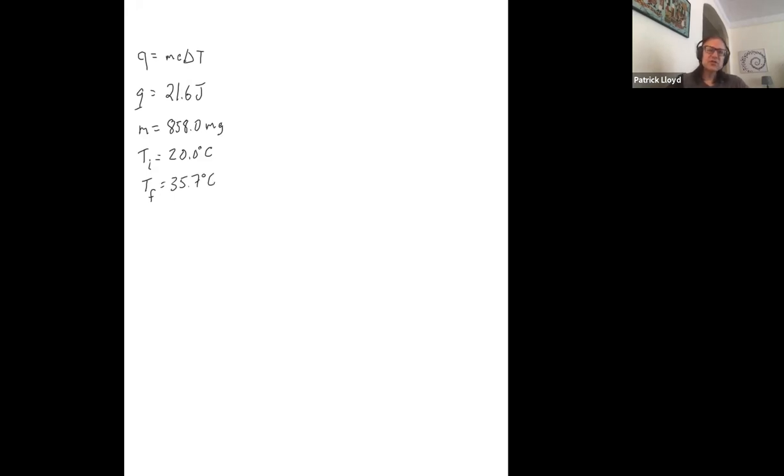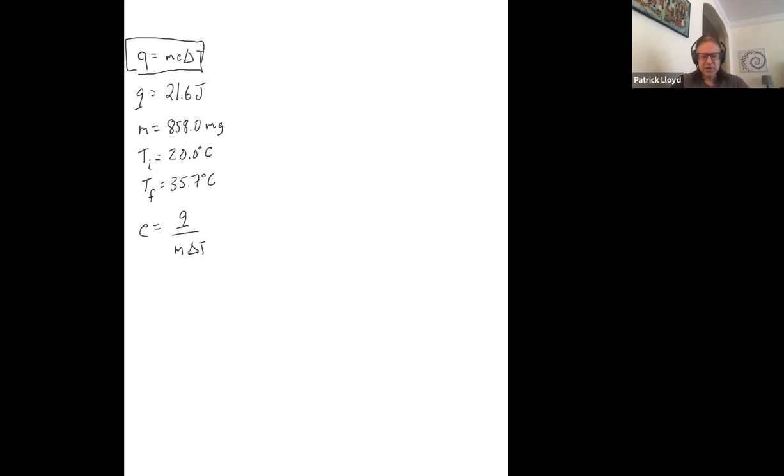So our first step, before we get into the idea of molar heat capacity, is let's take a look at calculating just the specific heat capacity, the specific heat for short. So using this equation, we can rearrange it to show that C, specific heat capacity, is equal to Q over M delta T. Okay, so let's do that calculation first.